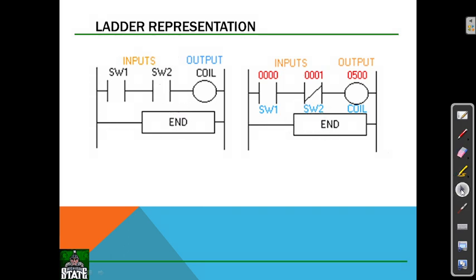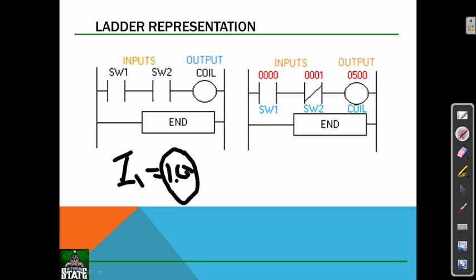But the main thing is, if you give some address to a particular input, I'll give switch 1 an input of 0.0 or 1.0, something like that. This address should be the same in the actual system. On the site, the input switch should also have the same address that I am giving in the ladder program.